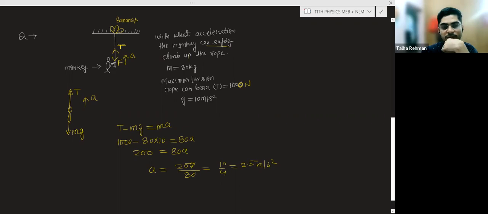This monkey is stretching the rope in downward direction. So due to that, there will also be a tension in the string in this direction.